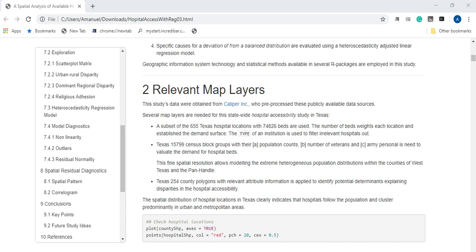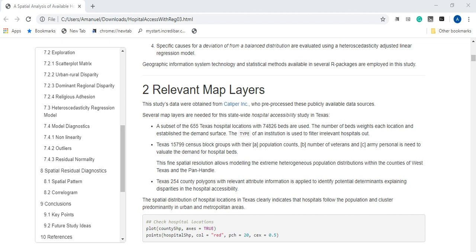Relevant maps. This study's data were obtained from Caliper Inc., a subset of 655 Texas hospital locations with 74,000 beds are used, and Texas has 15,799 census block groups with their population counts. The number of veterans and Army personnel is needed to evaluate the demand for hospital beds.